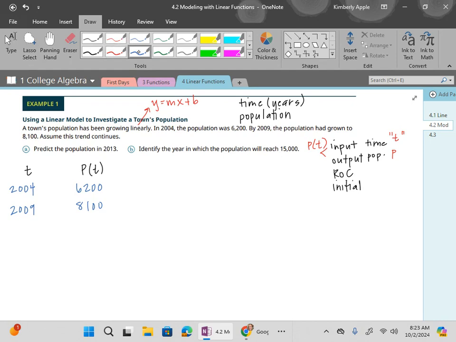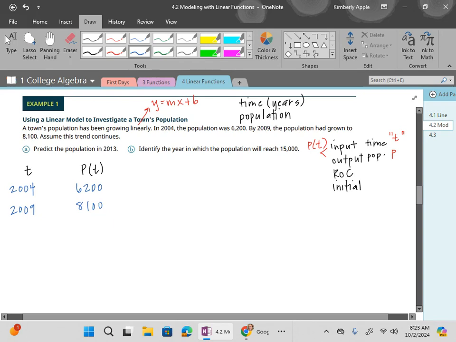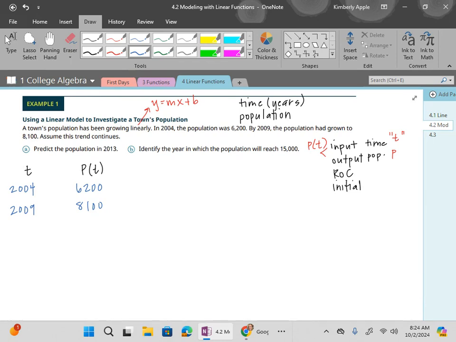First thing I'm going to do is, when I'm working with inputs that are this large, think about the fact that I'm going to need that t-intercept or the y-intercept, right? And that's going to be where t is equal to 0. So if I'm trying to backtrack to where t is equal to 0, we're a long way from 0, right? Does that make sense?